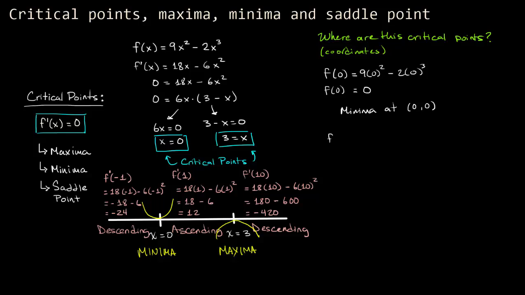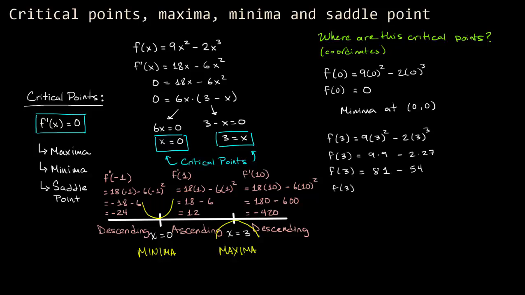Now, for the other point, f of 3 will be 9 times 3 squared minus 2 times 3 to the third. So f of 3 will be 9 times 9 minus 2 times 27, which gives us 81 minus 54.